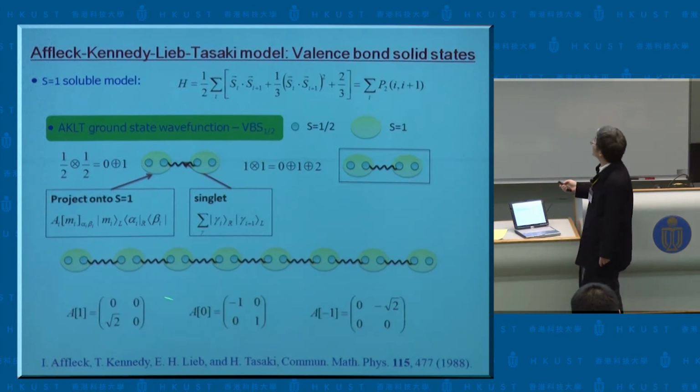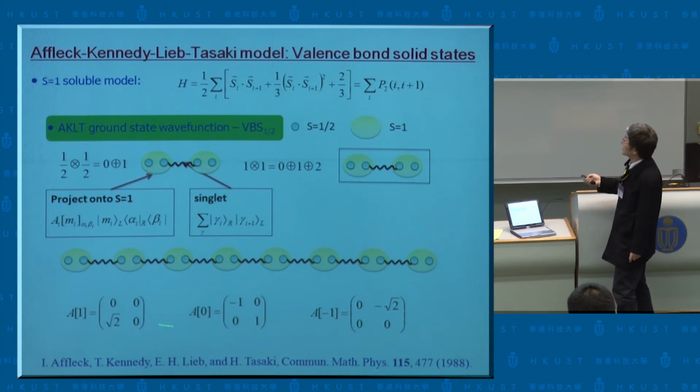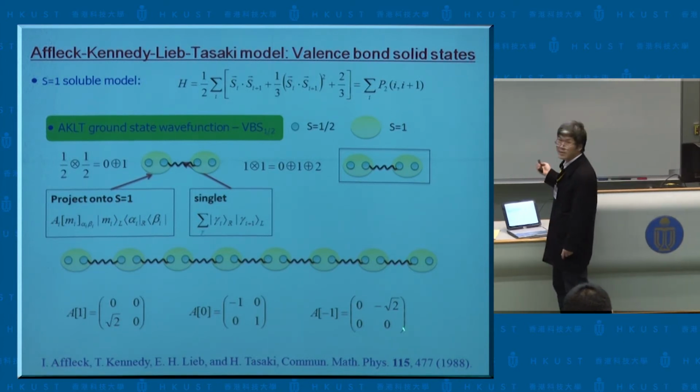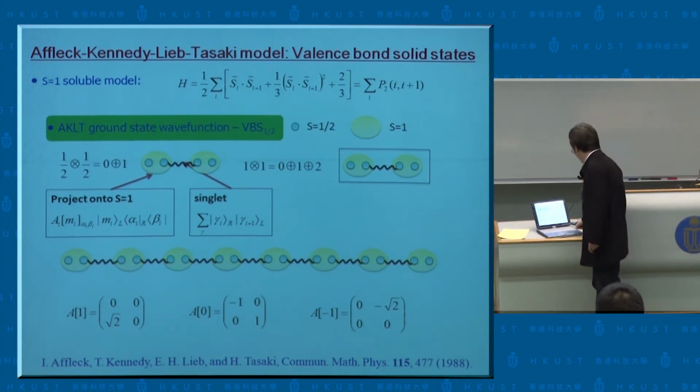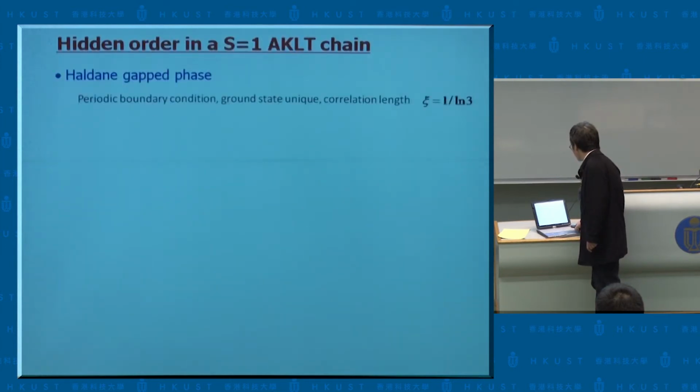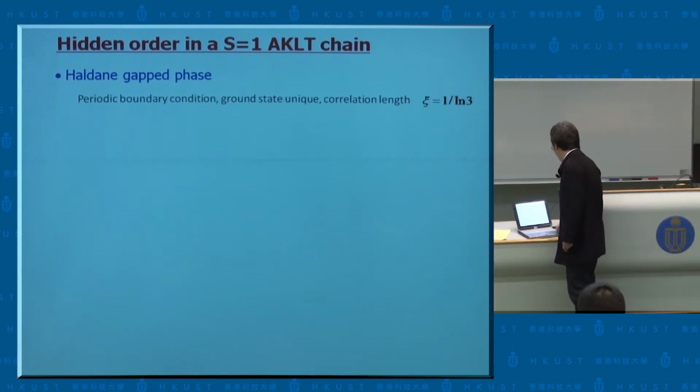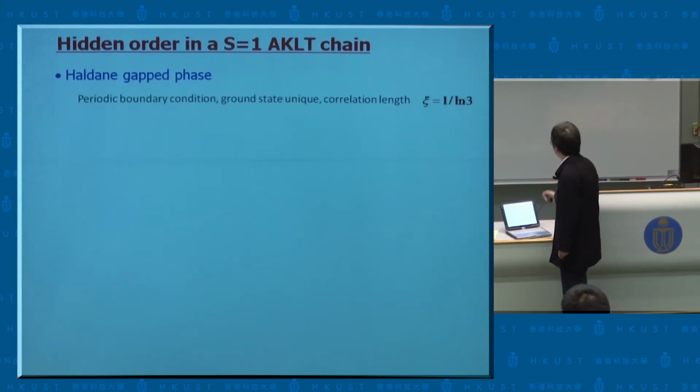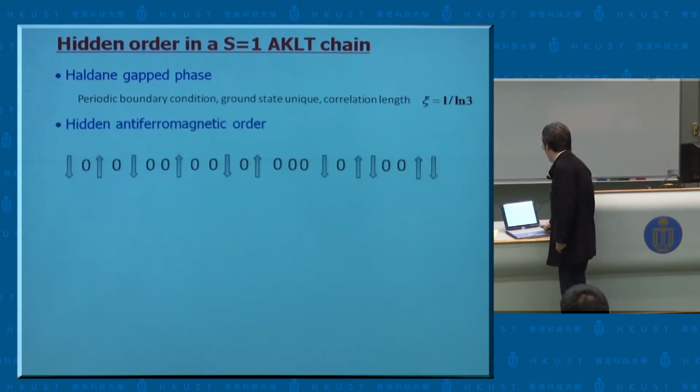And the 2x2 matrices are given by these three 2x2 matrices. After having this ground state wave function, they can calculate the spin-spin correlation function and find a finite spin correlation length.